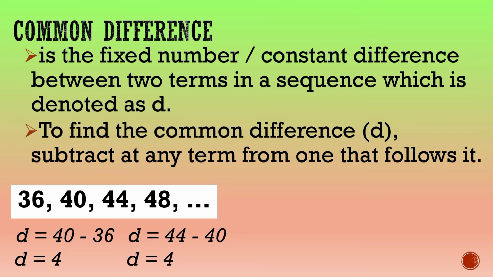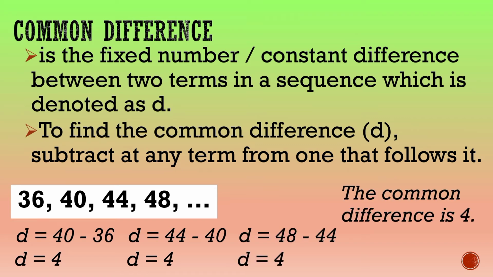The common difference is also 4. 48 minus 44 is also 4. Therefore, the common difference is 4. Ganon kunin ang ating common difference. You only have to subtract any term from one that follows it. Doon sa sinusundan niya lang. Doon mo siya isa-subtract. Maliwanag po ba si common difference?